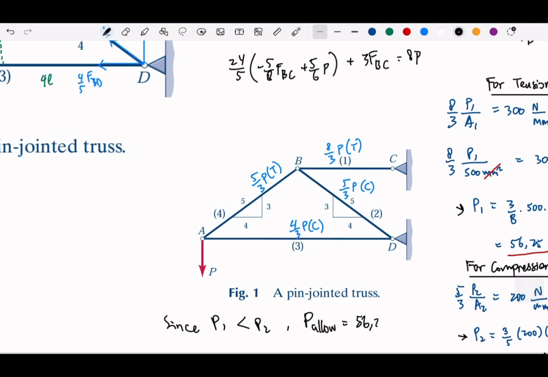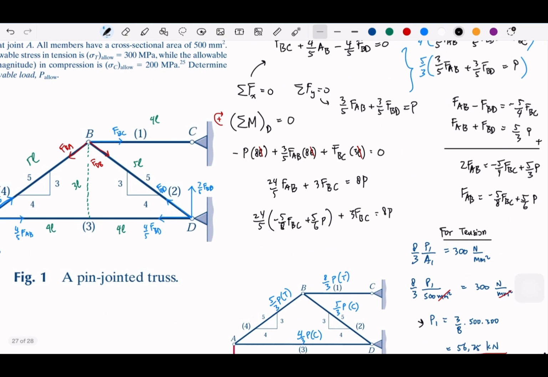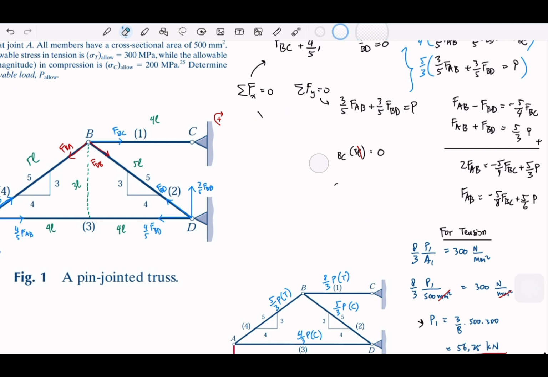It's 56.2 kilonewton. Okay, so I will fix all this component here. I will fix this later. I got confused here. Let me fix later.